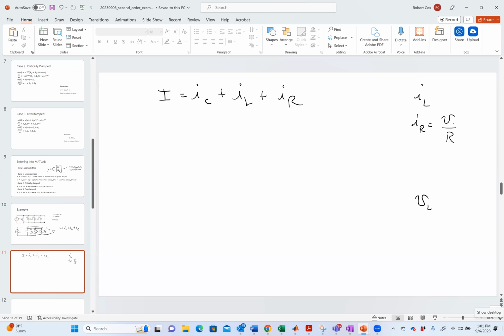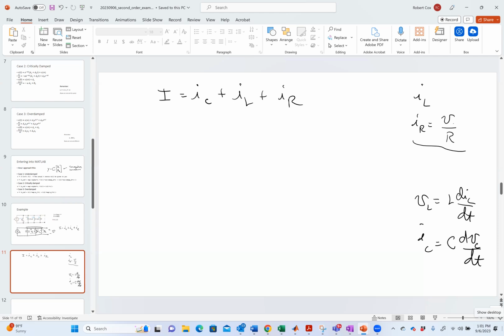VL equals L dIL/dt. And I sub C is C dVC/dt. Knowing that, how can that help me with I sub R?